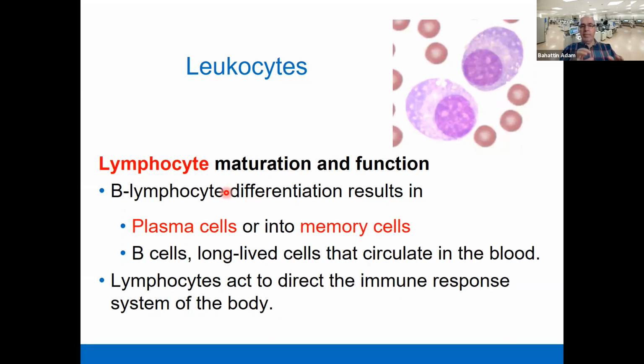B cell differentiation results in either plasma cells to produce antibodies or memory cells to identify the microorganism when they enter the body a second time.